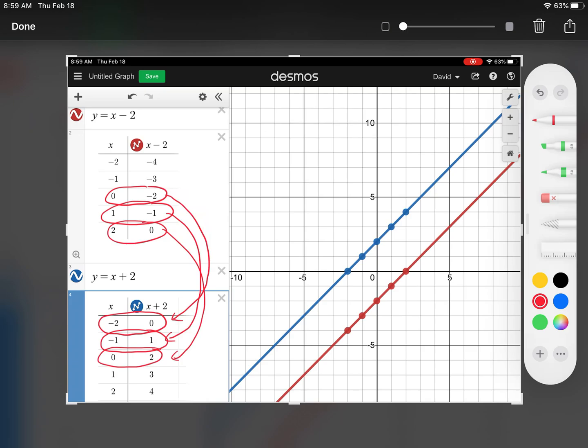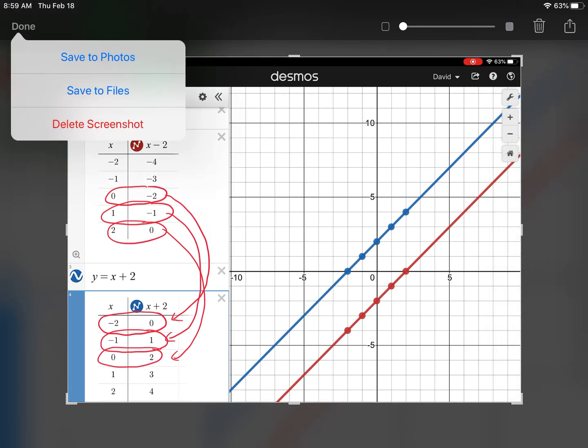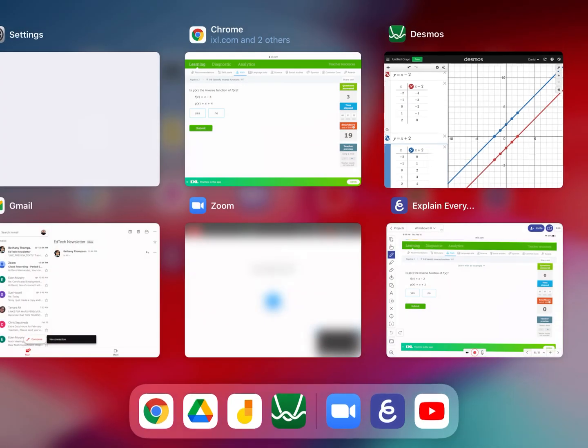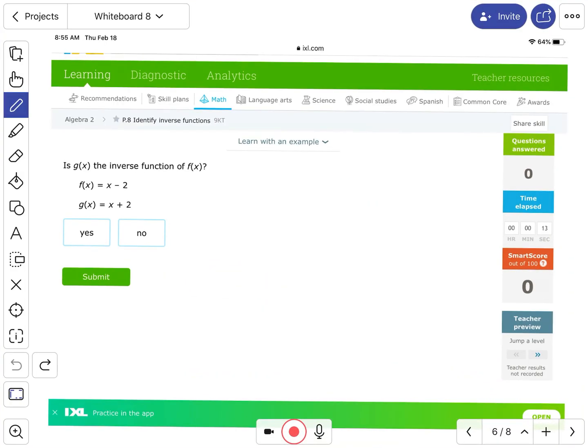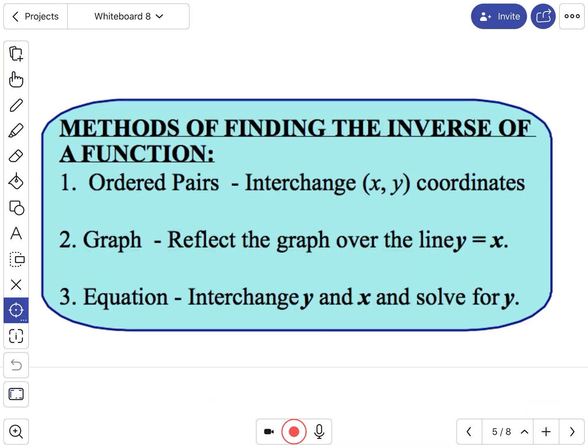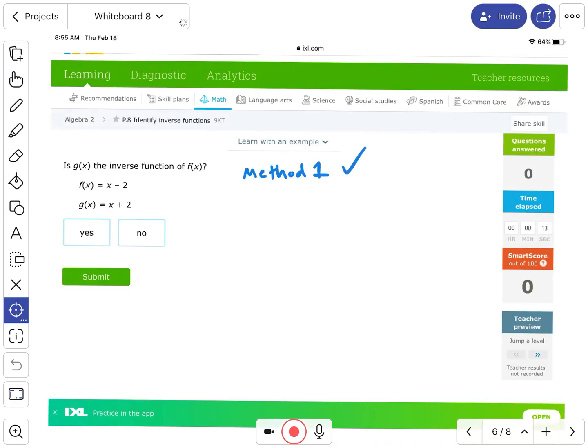So from this, it does look like these x and y values change. So I want to say for this one, if you do method one, it checks out, right? Because some of the x and y values change from the function to its inverse. But what about the graph?